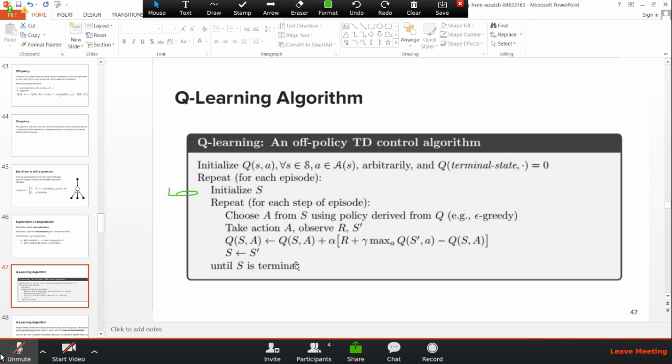You have some Q value, Q of s, a, and you have performed some action, and now you are updating your Q value. Whatever the previous Q value was, you are adding some gradient or some additional term to it, and then you are proceeding to the next stage, and you are repeating the same. So iteratively, you are updating your Q value.